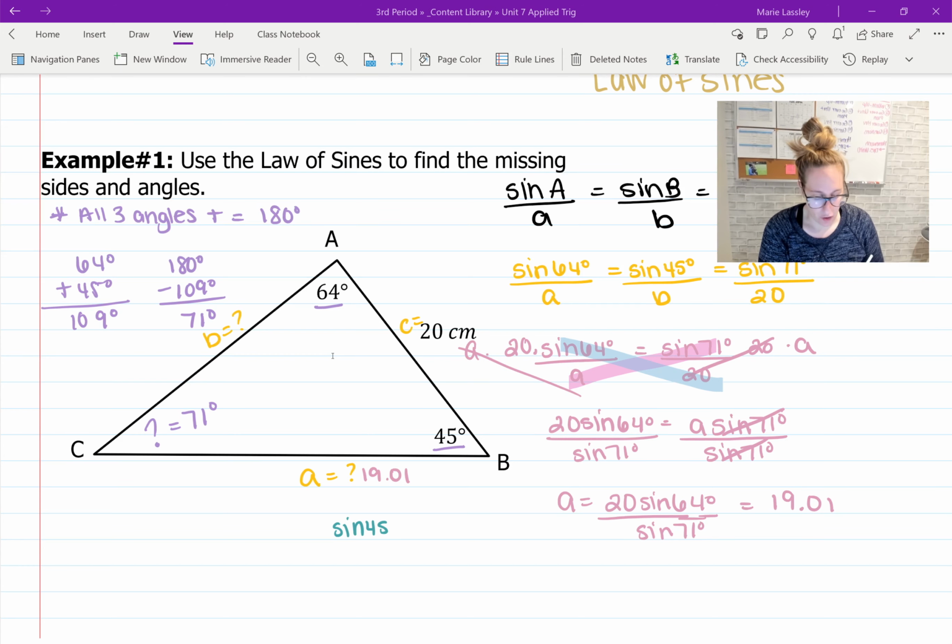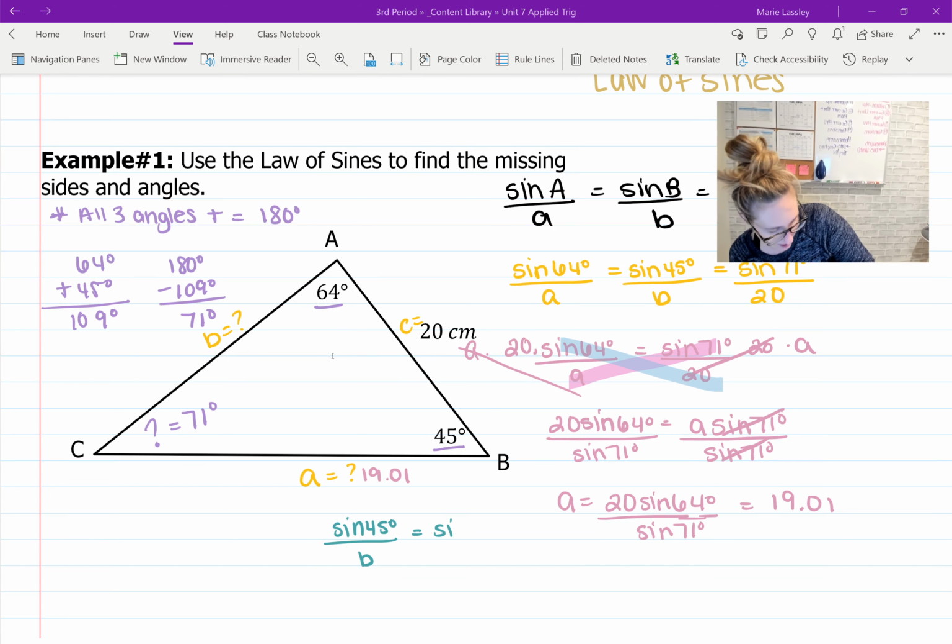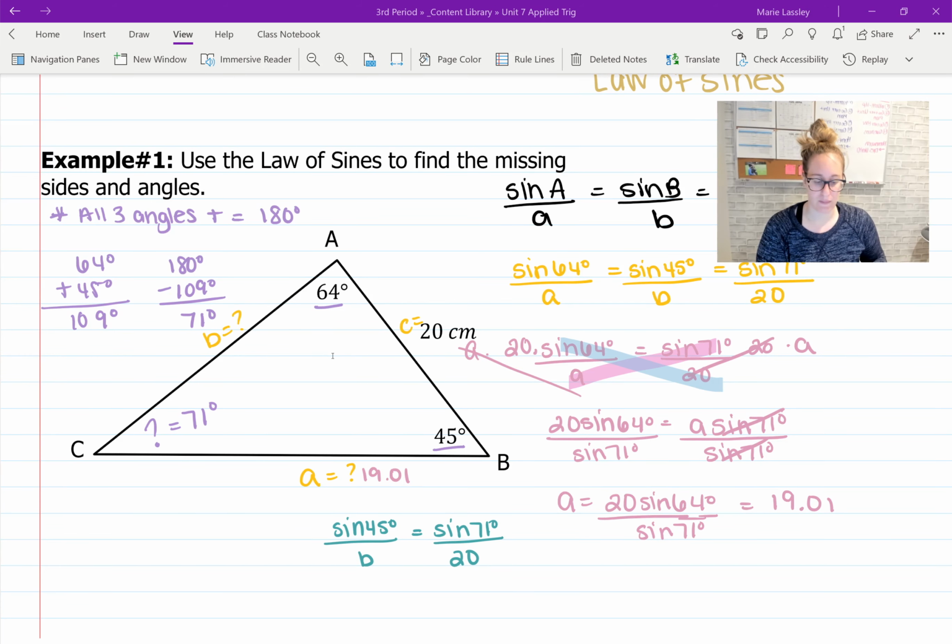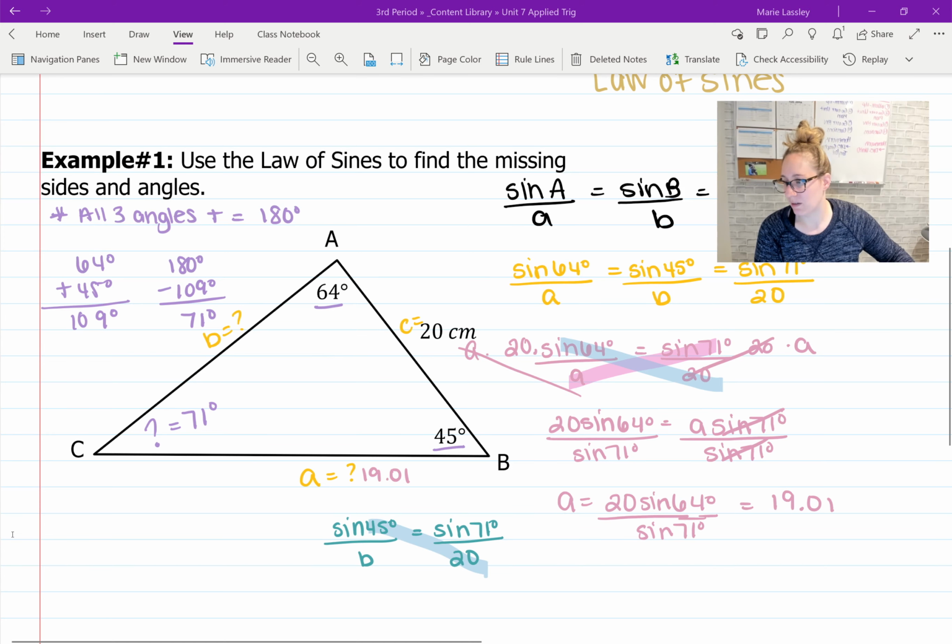So again, we are going to cross multiply. It's going to give me 20 sine of 45 degrees equals B sine of 71 degrees.